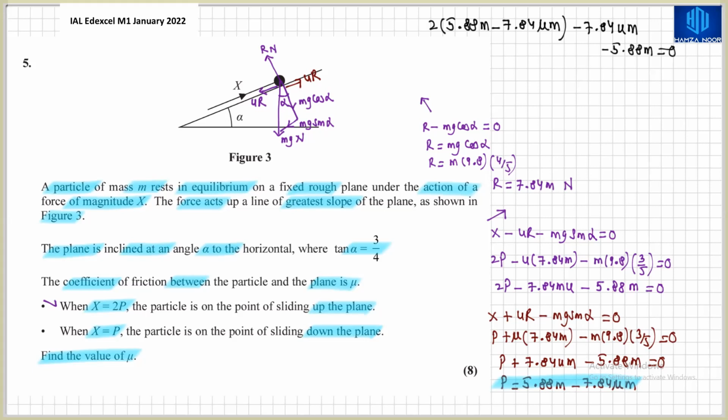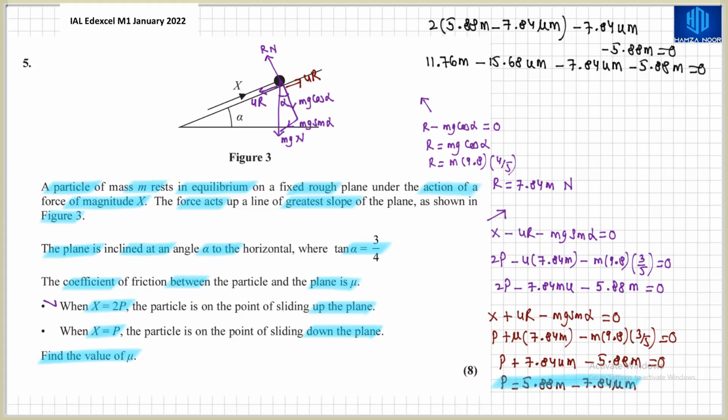All right, so 2 times 5.88, this is 11.76. So 11.76 m minus 7.84 times 2, this is supposed to be 15.68. So minus 15.68 times mu m minus 7.84 mu m minus 5.88 m, and this whole thing is equal to 0.